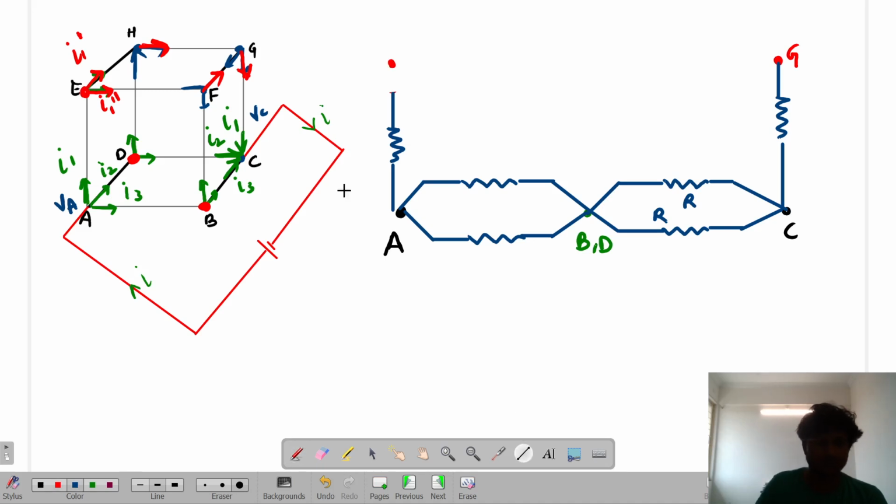Then lies my point H and F, only where the currents are meeting up. Got it? So this is point E. Now look over here. So E to H, one resistor.